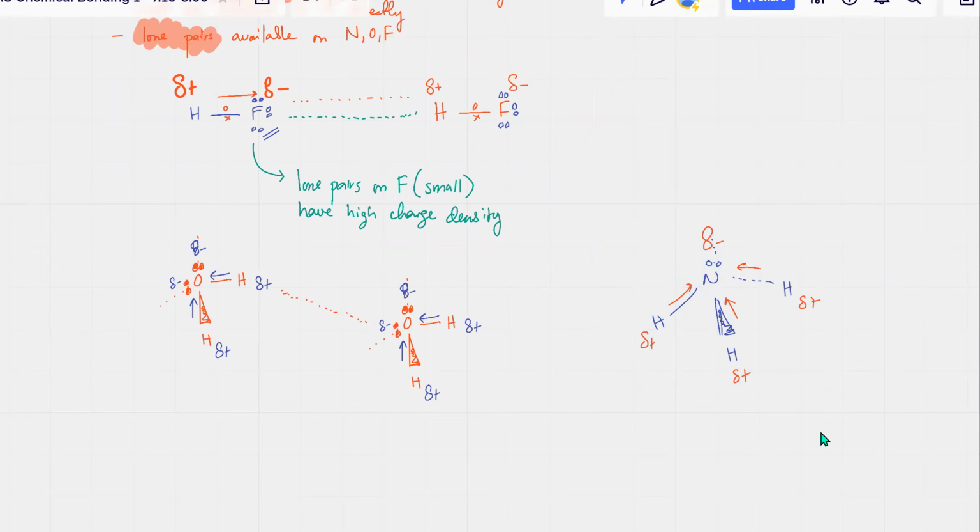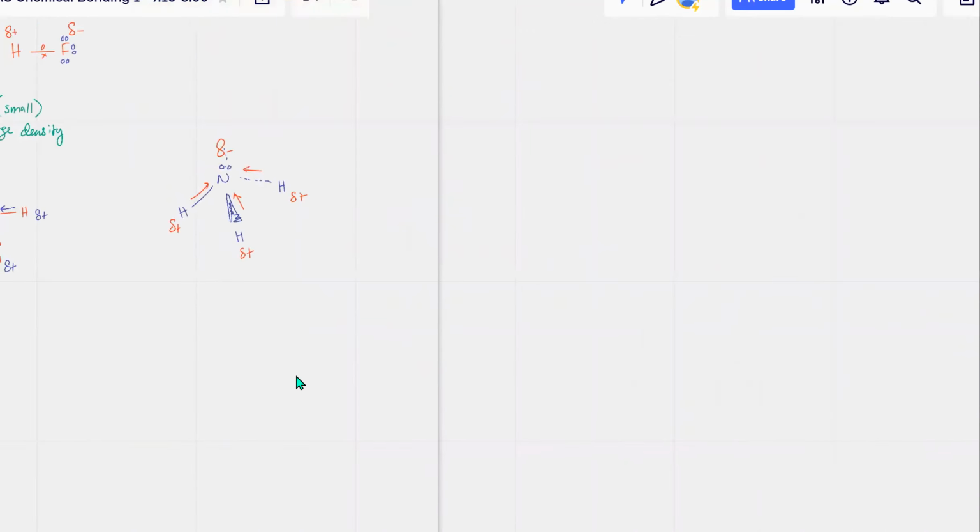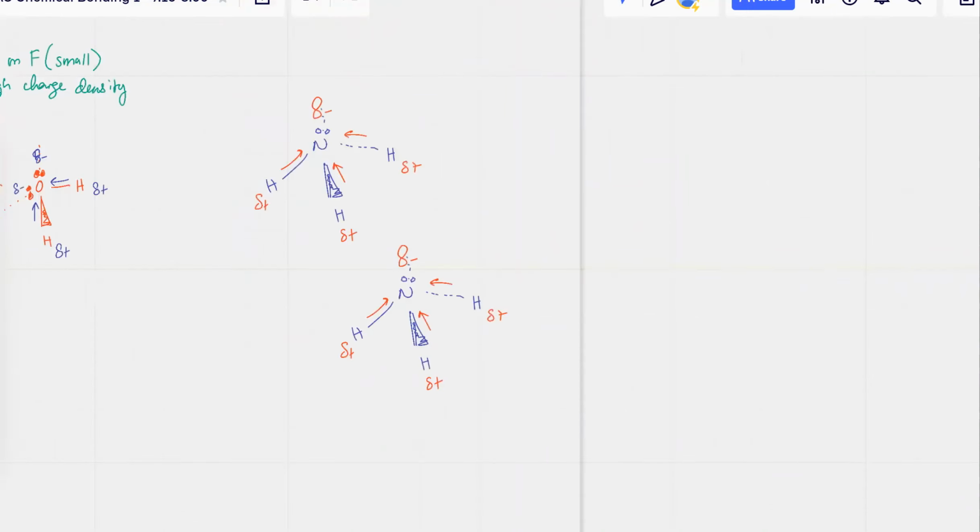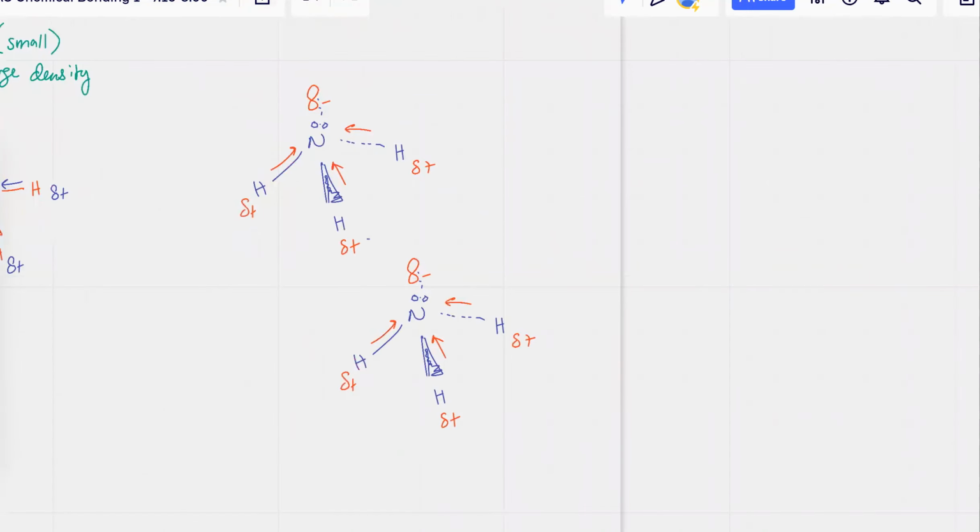So if there are two ammonia molecules, and they ask you to draw this, all you have to do is that the H atom will be attracted to the lone pair on N on the other molecule. So that's your hydrogen bond that is being formed.